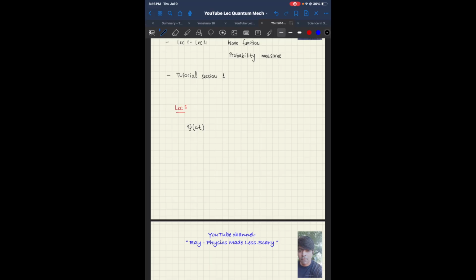If you can find this out by solving the Schrodinger equation, which was introduced, by the way, in lecture 1, then you can find the expectation value of any operator simply from this integral, minus infinity to infinity dx f(x, t) mod psi square.